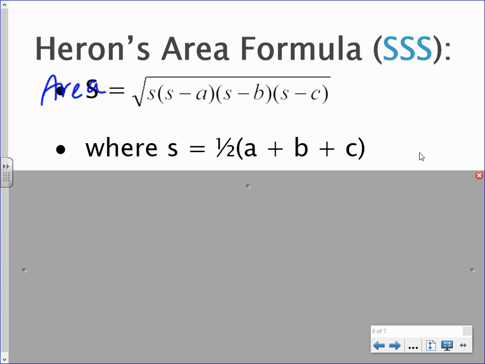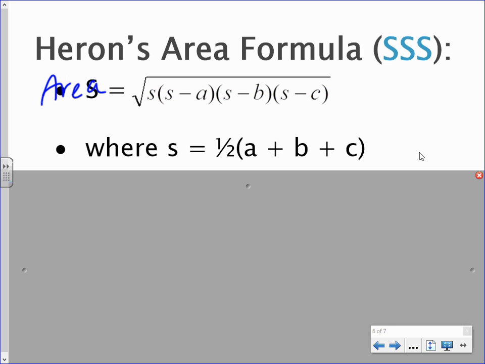So in Heron's formula, you have to find little s, half of the sum of the sides. Then, to find the area, you take the square root of s times s minus a, s minus b, s minus c. So s times the difference from the three sides from s.